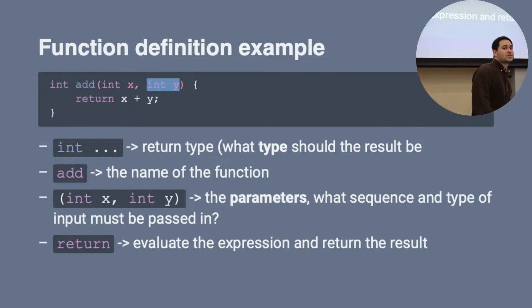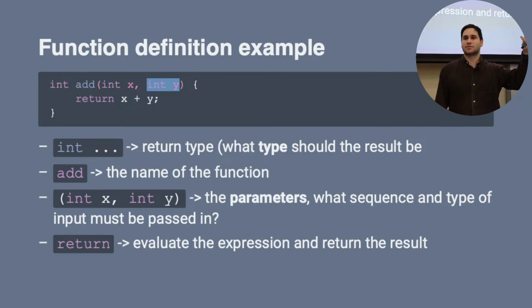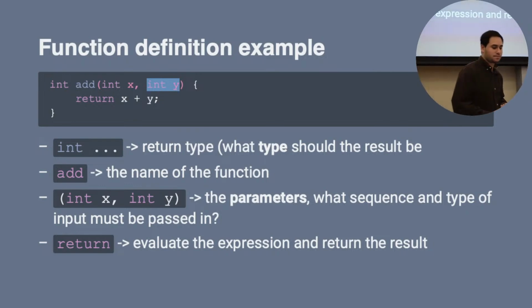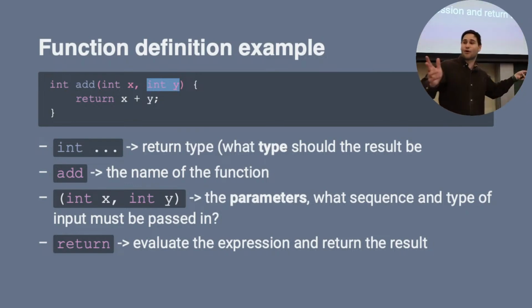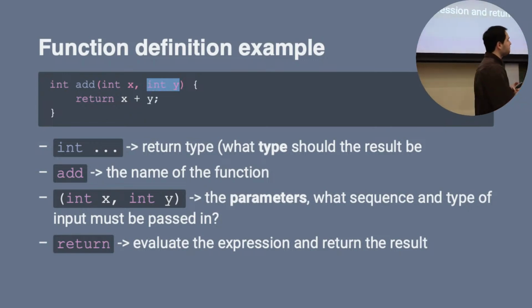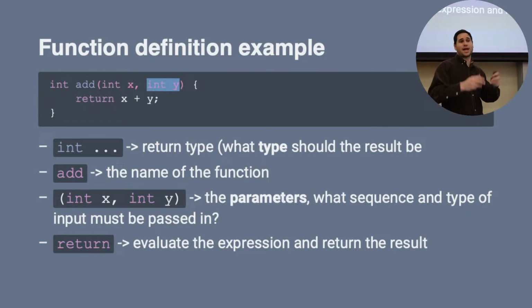In this case, there's two parameters. Could I just have one? Absolutely. I would just have int x, or a character, or a double, my floating point, whatever. You could have 3, you could have 4, you could have 0. That's also common. That's void. You could put void there or you could put nothing.